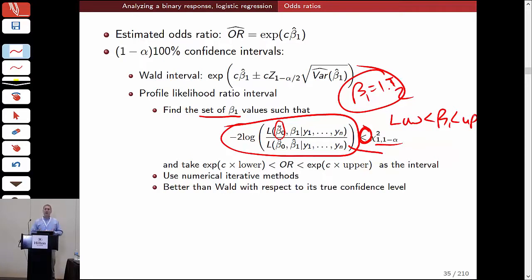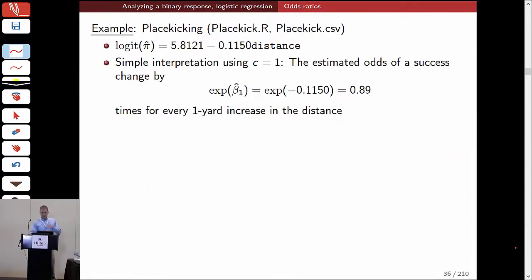If I have an interval for beta 1, well, we can do what we just did with that Wald interval. I can take C times that lower and upper bound and then apply the exponential function, and that's how I get my profile likelihood ratio interval for the odds ratio itself. Again, numerical iterative methods need to be used.